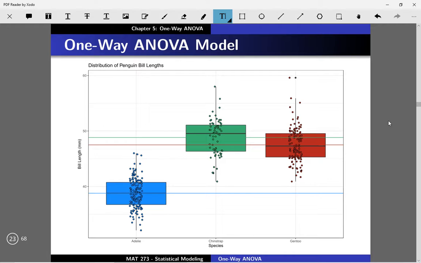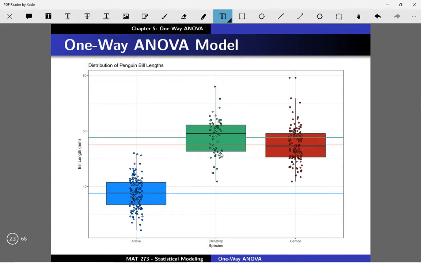And also, since the Anova model is comparing group means, I added horizontal lines to this plot for each group that represent the mean response value within each group. Often that will be similar to the median. For symmetric data, the mean and median are perfectly equal. Here, they can be a little bit different, but this blue line is telling us the average bill length for Adelie penguins is about 39.